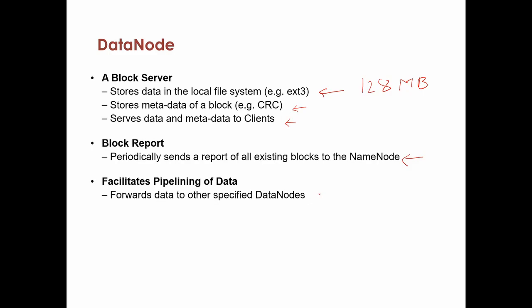Okay, and we will come to the pipelining. This is basically how replication is achieved. Pipelining is the method by which replication is achieved in HDFS. Yeah. So we will discuss how this is achieved.